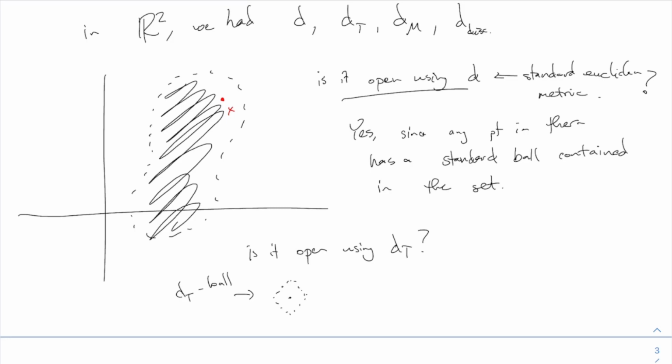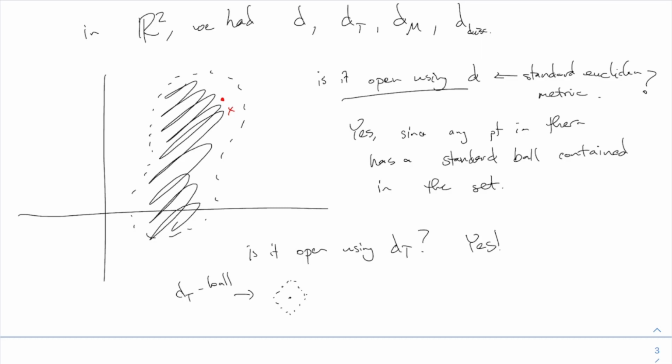Is this set still open? Is it still true that you can fit a taxicab ball around it? Yes, the taxicab ball is already smaller than the round balls of a certain radius, because this is smaller than a circle. So anyway, is it open using the taxicab metric? Yes, for exactly the same reason.